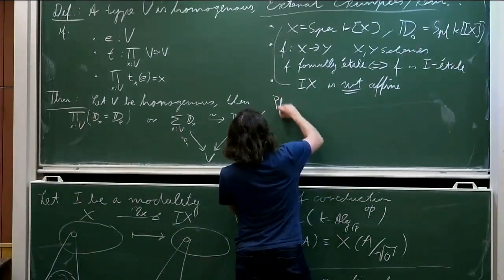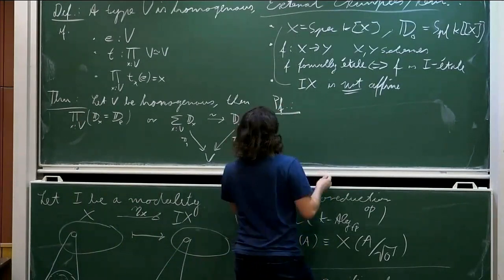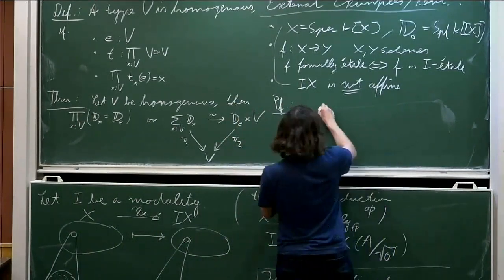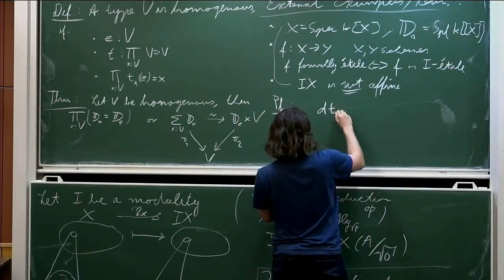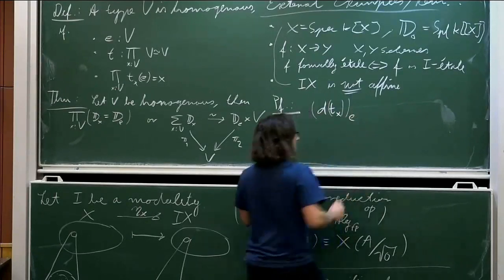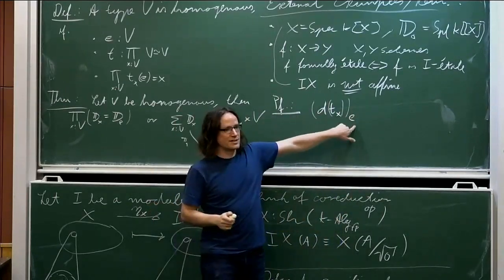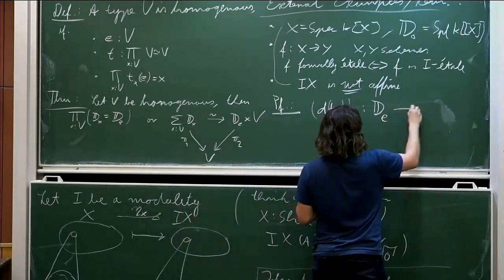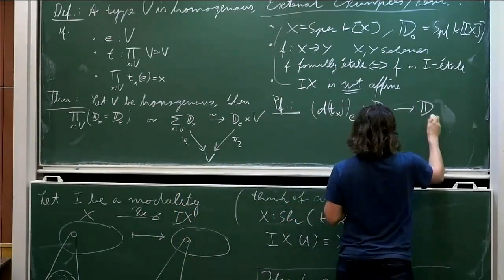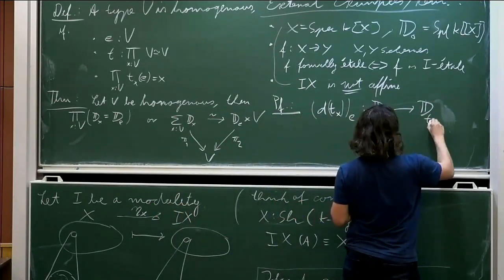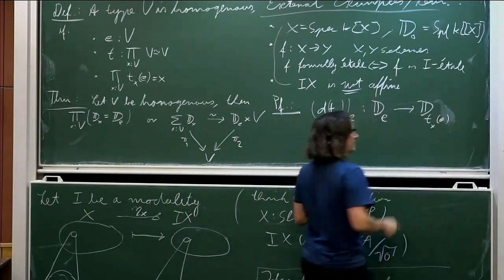And here's how you prove it. You just take your translations and derive them. So you take d of this map and then look at its differential at e. And just from typing, this is a map from D e to D (T x e).